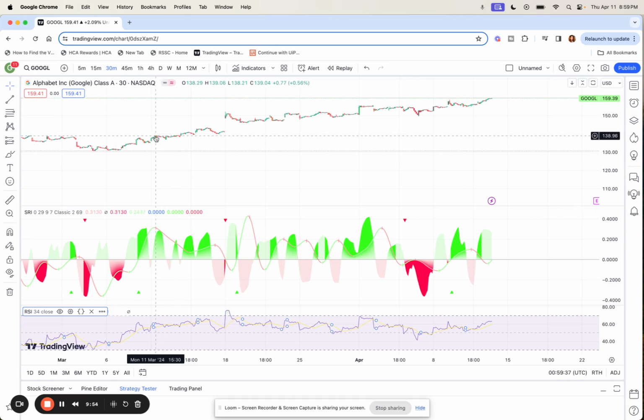So let's say 138 from where it was when you bought in here at 131, you'd still be in your trade right now, until you got to 138.